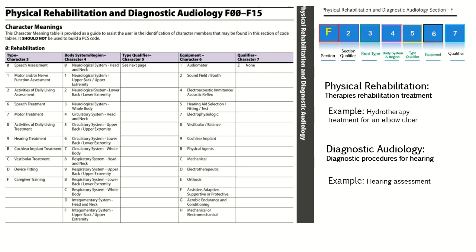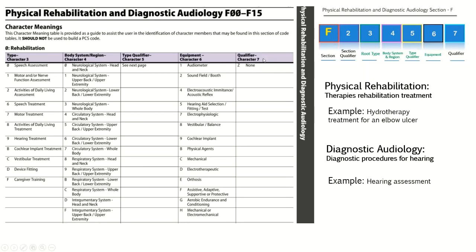And the hearing condition could often be treated over in the physical rehabilitation section. So keep that in mind. You have vestibular balance, cochlear implant, physical agents, mechanical, electrotherapeutic, orthosis, assistive, adaptive, supportive or protective, aerobic endurance and conditioning, mechanical or electromechanical, and your seventh qualifier, none.